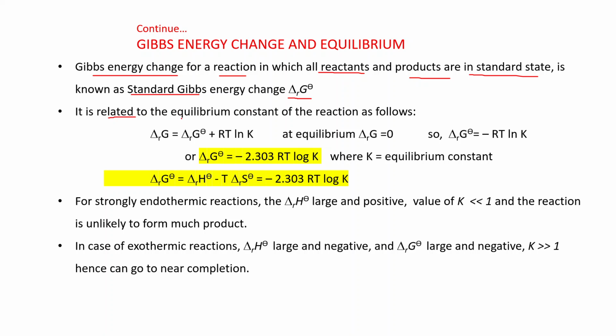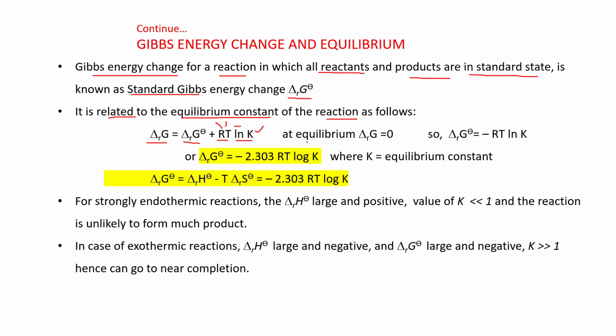It is related to the equilibrium constant of the reaction as follows: delta G of reaction is equal to standard Gibbs energy of reaction plus RT ln K. R is the gas constant, T is the temperature, ln represents the natural logarithm. Again, dear friends, there is a separate topic of logarithm. And K represents the equilibrium constant.